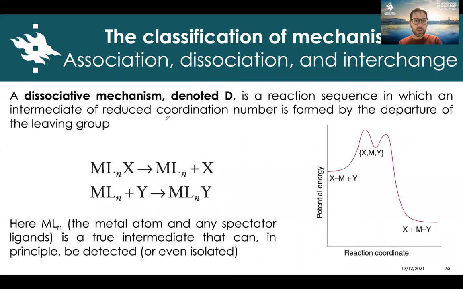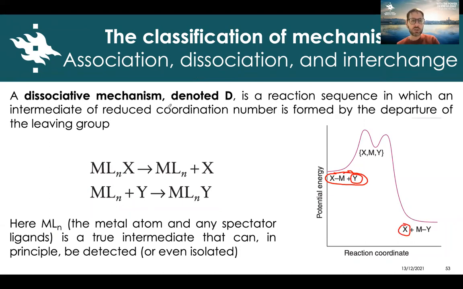Here, L_n refers to the metal atom and the spectator ligands. Suppose we have a reaction in which Y is replacing ligand X in the coordination sphere of the complex.